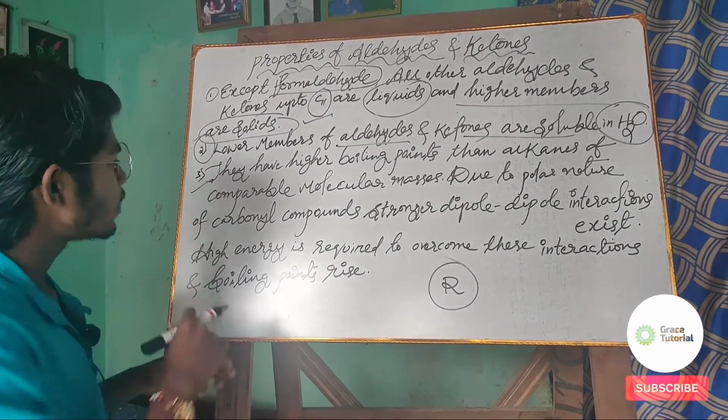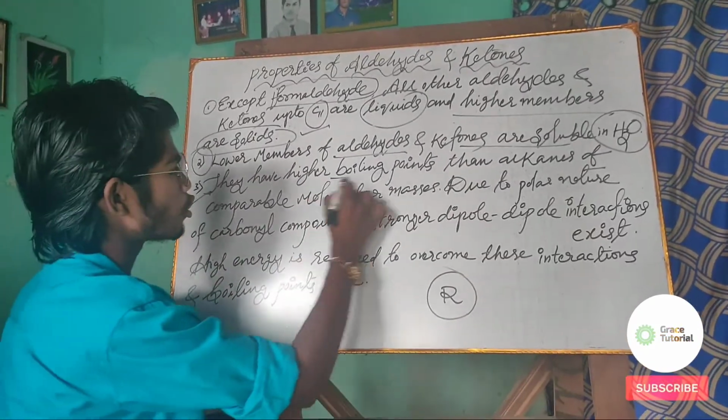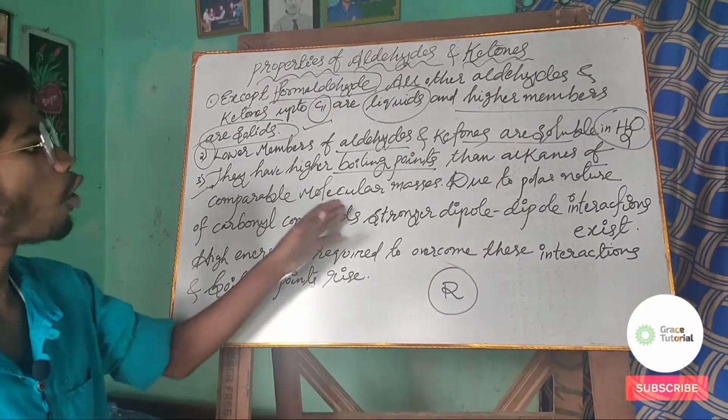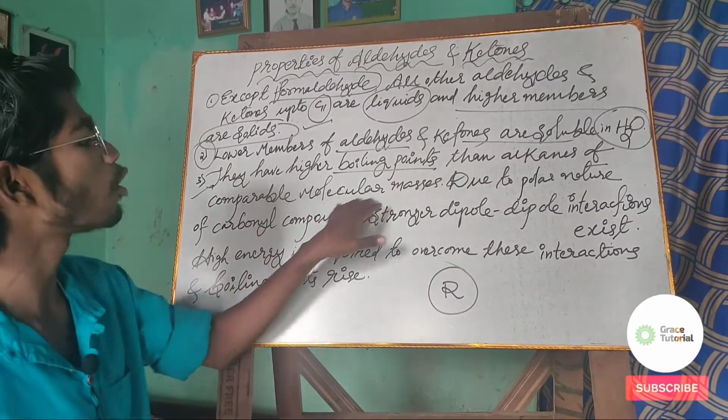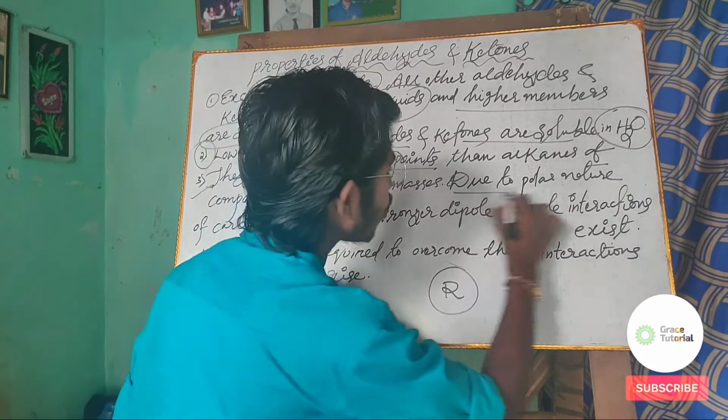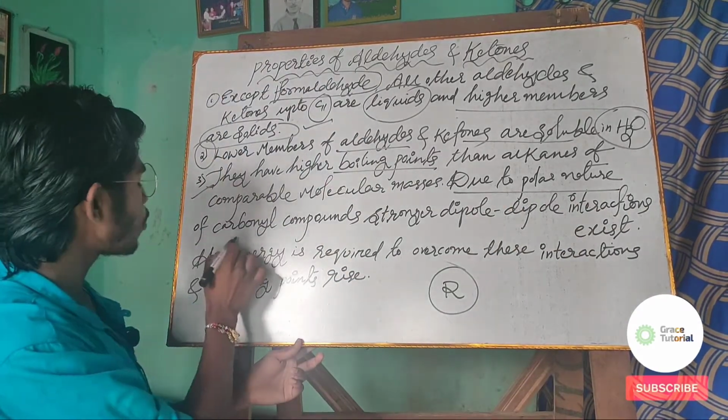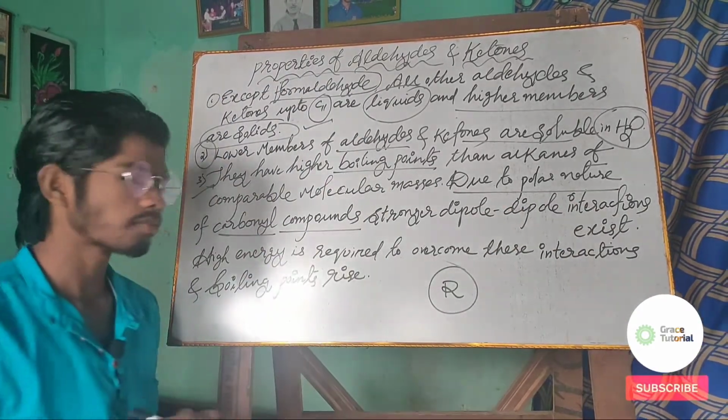Now, the boiling point. Aldehydes and ketones have higher boiling points than alkanes of comparable molecular masses due to the polar nature of the carbonyl group.